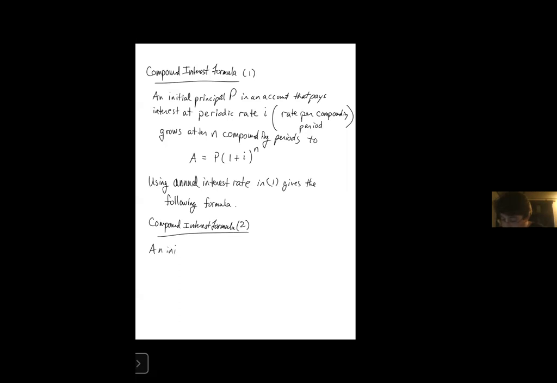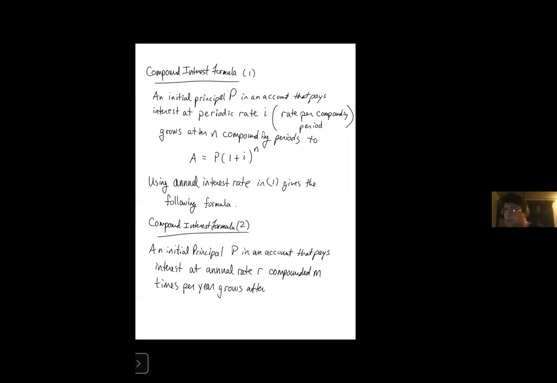An initial principal P in an account that pays interest at an annual rate R compounded m times per year grows after t years.